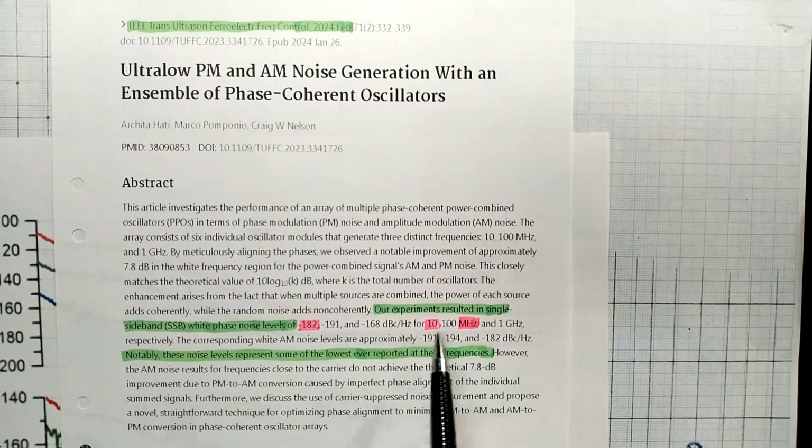They say their experiments resulted in single sideband white phase noise levels of minus 182 at 10 MHz. Notably, these noise levels represent some of the lowest ever reported at these frequencies.